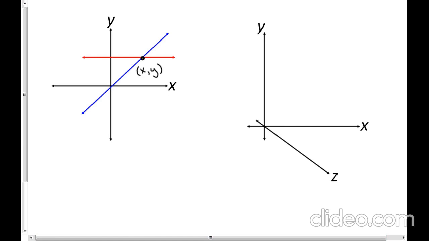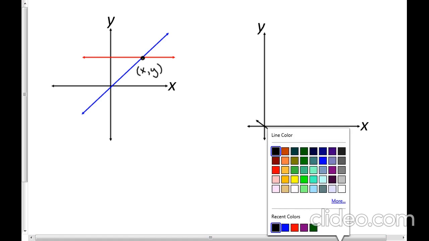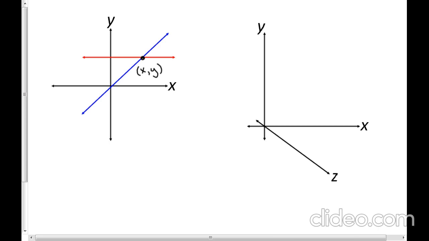Now, in this case, we can have points that exist with more than just x and y coordinates. So let's say on the x-axis, we have a +1, a +2. Let's say this is a +3 on the x-axis. And on the y-axis, let's go to -1. And then on the z-axis, let's go to 2. So I could find a point that would lie off of your computer screen, if you will, that would become the intersection of these three axes.